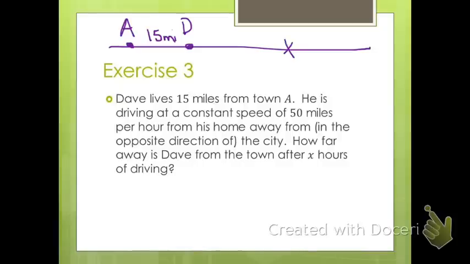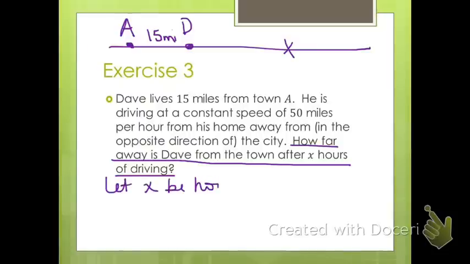And we're going to define some variables here. We already have one variable defined for us. And let's just underline this question. How far away is Dave from the town after X hours of driving? So let X be hours driving.